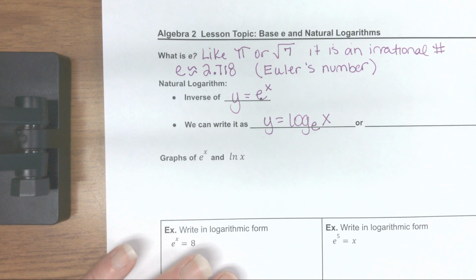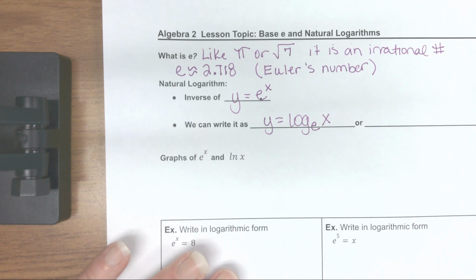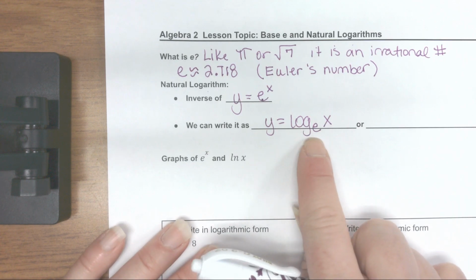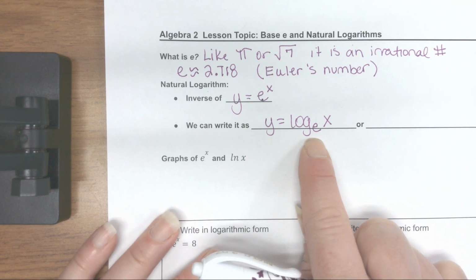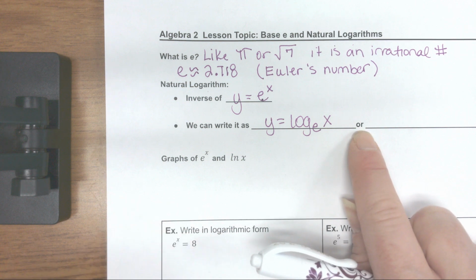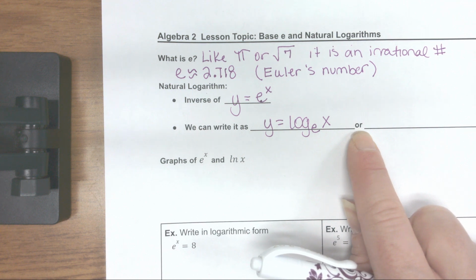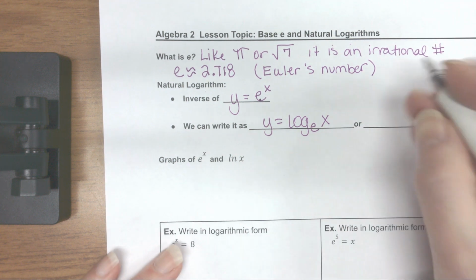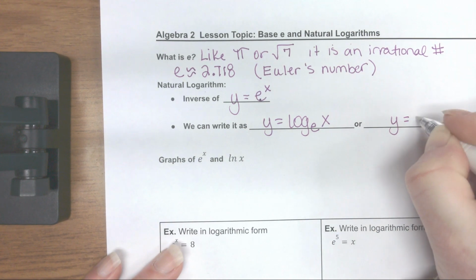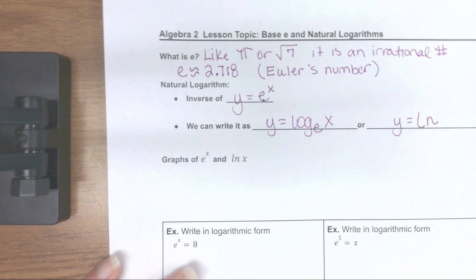But in looking at your calculator, do you see log base e of x anywhere? No. Remember we talked about this being called the natural base. So the reverse of it, we're going to call the natural logarithm. The way you're going to see me refer to it is ln of x, the n is for natural.